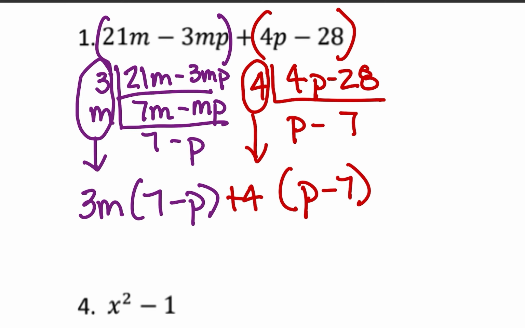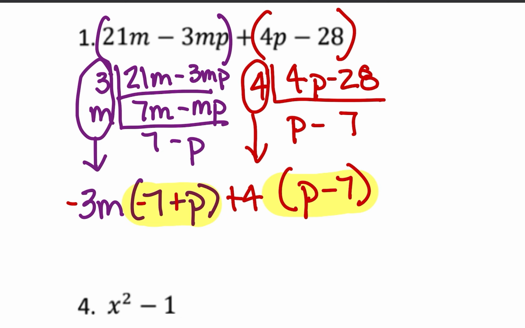So what we're going to do is factor out that negative symbol that's on our p here, because I need my p to be positive and my 7 to be negative. So I'm going to divide a negative 1 out, and that's going to turn my p positive, my 7 negative. So I factored out or divided by a negative 1 because my factors in my parentheses need to match.